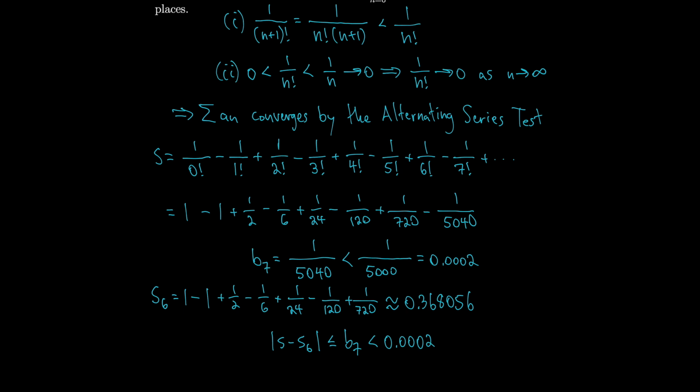So it has no effect on the first 3 decimal places. So that means that our first 3 decimal places of S6 must be accurate. So we have that the sum of our series accurate to 3 decimal places is approximately 0.368.